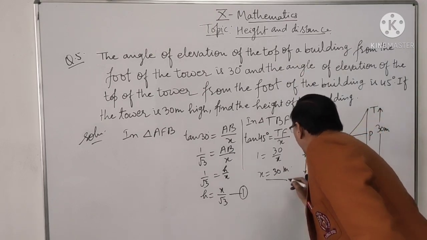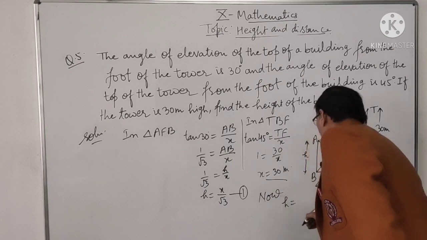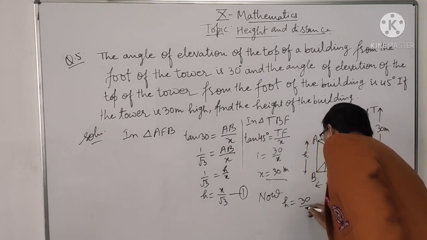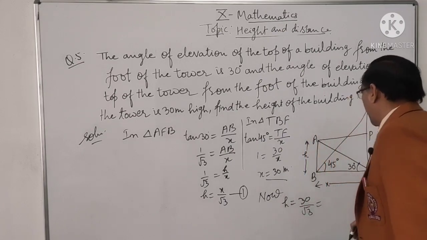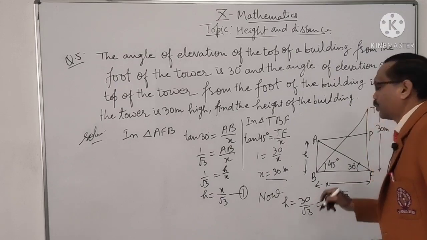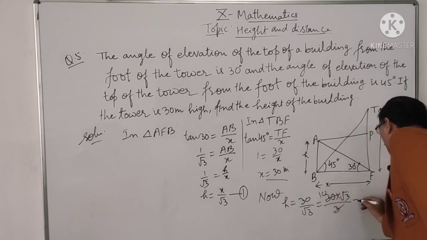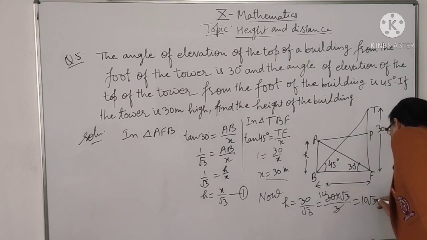Now H equals 30 upon root 3. Then we rationalize it. 30 root 3 upon root 3 into root 3 becomes 3, and 3 cancels. So it is 10 root 3 meters.